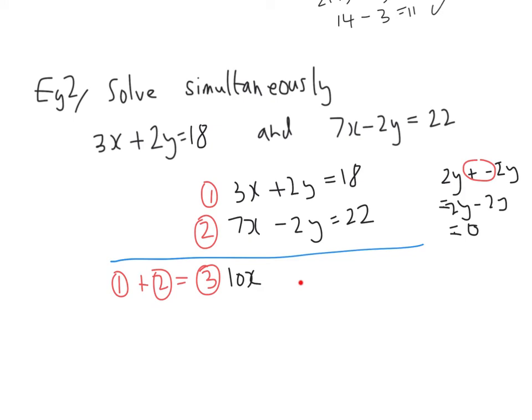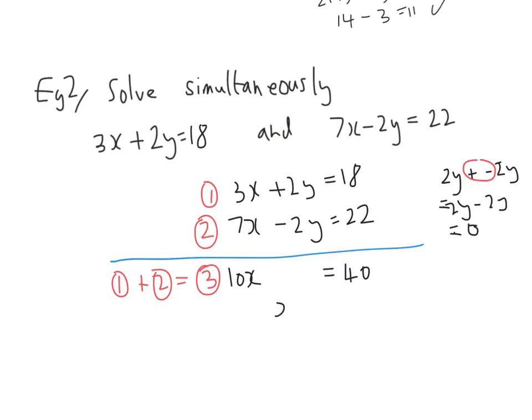So that disappears. No y term here, it'll be 0, and then 22 plus 18 gives 40. And that's actually why I'm telling you to use this technique. If the number of y's are the same, and one is positive and one negative, when you add the equations, the y's will disappear, and it means you can solve it.